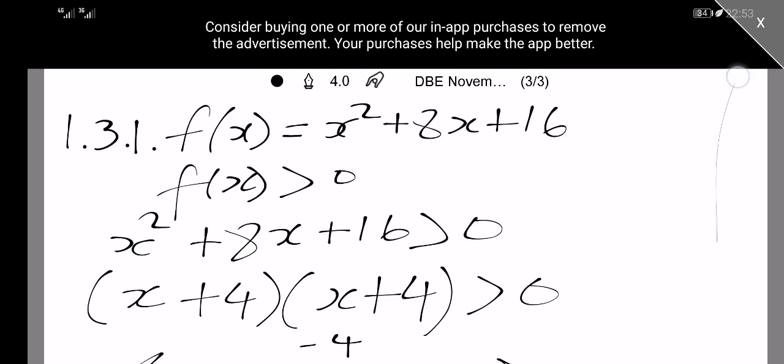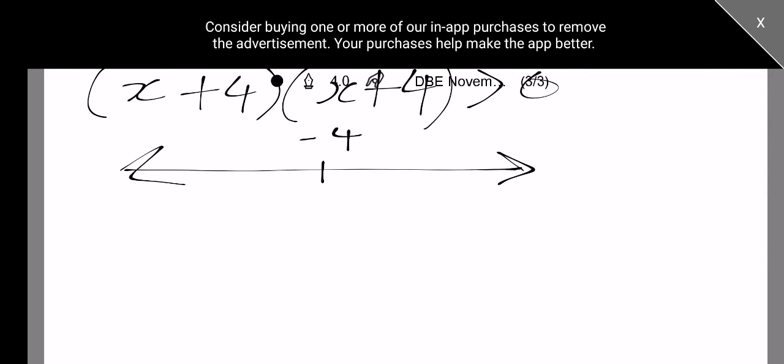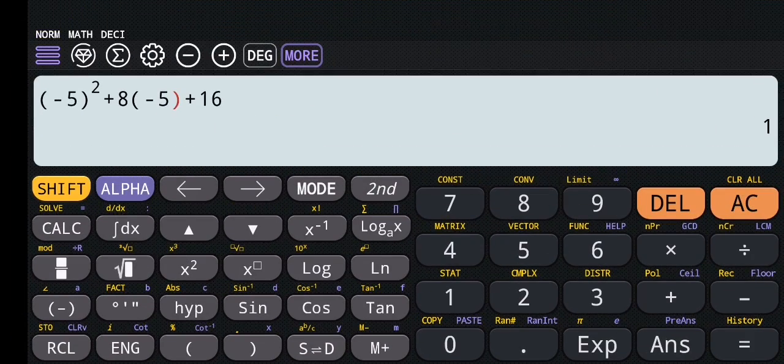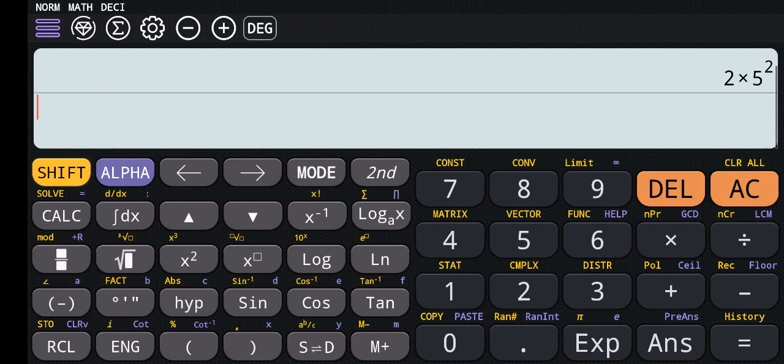Now you can already tell that all the values on this side of the number line are going to be positive. Now let's go to the calculator again and substitute any value that is greater than -4. Sorry, okay, it's going to be any value that is greater than -4.